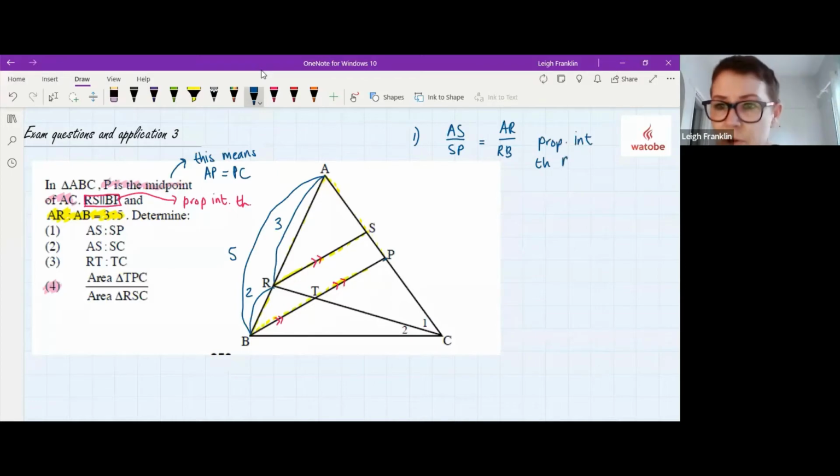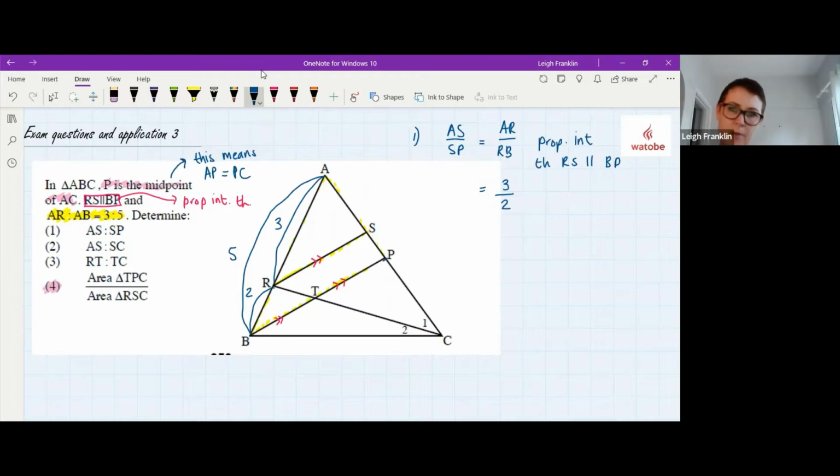And that's because RS is parallel to BP. Okay, so we know that AS is 3 and AR is 3, and RB or SP, that's going to be 2.